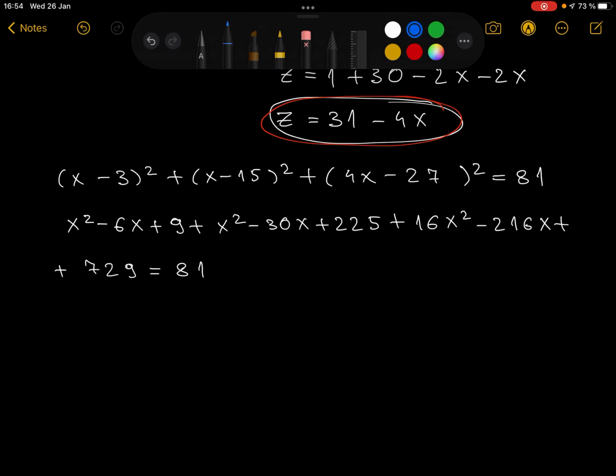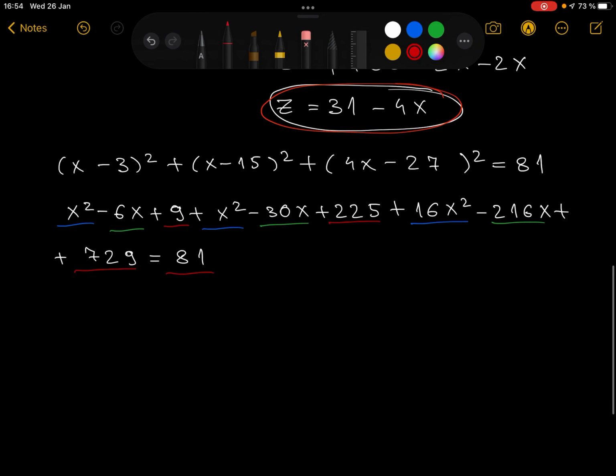Now let's go ahead and group this. So let's first group all of the squared terms. Now let's group all of the linear terms. And finally, let's group all of the free numerals.